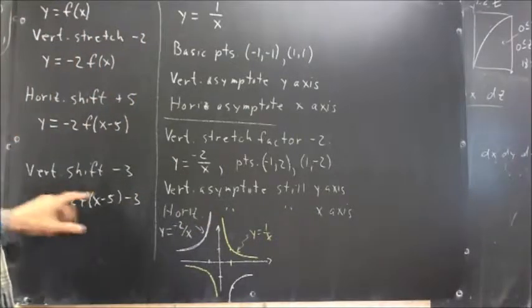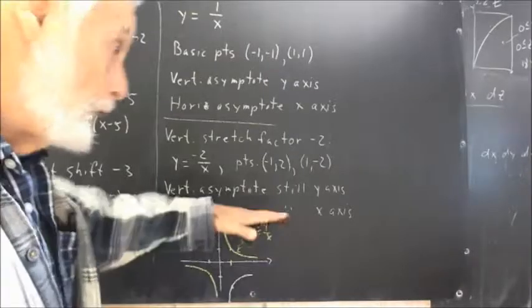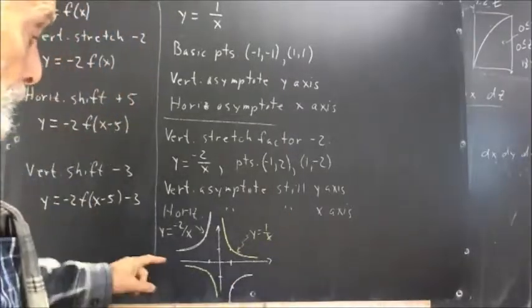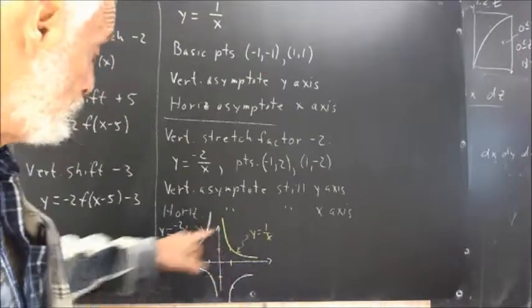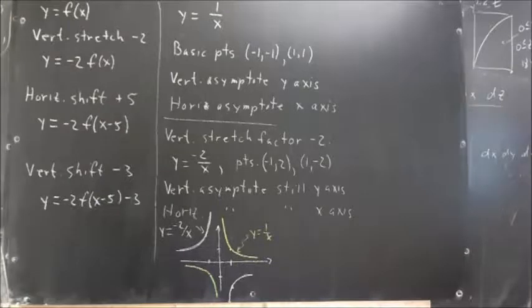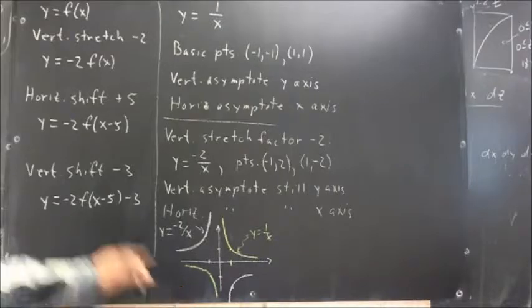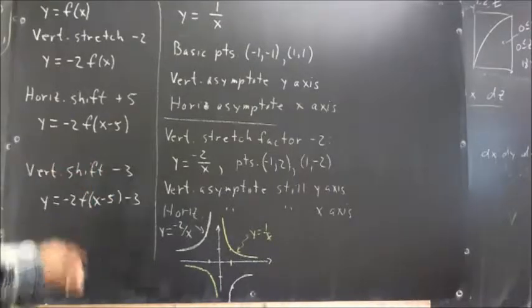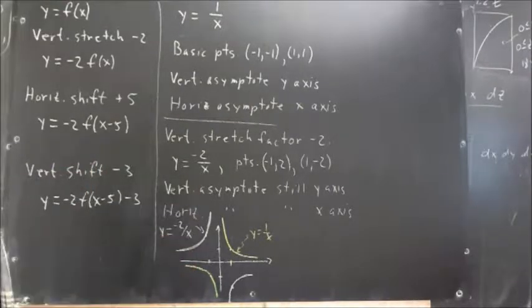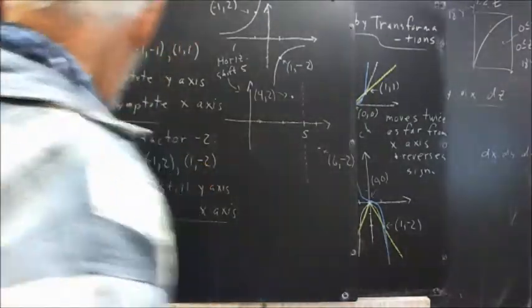And then if we do a vertical shift of -3, what's that going to do? It's going to take the resulting graph and move it down 3 units, which is going to take the horizontal asymptote, the x-axis, and move it down to the line y equals -3. So you should pause and sketch what the result of the horizontal and vertical shift will be before you watch me do it. Okay, sketching a picture.